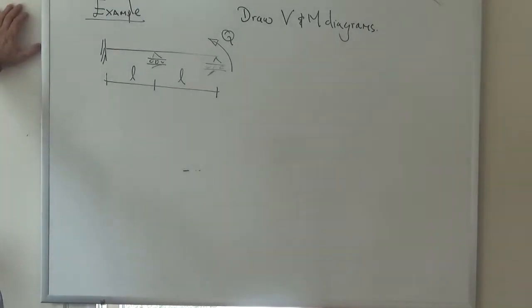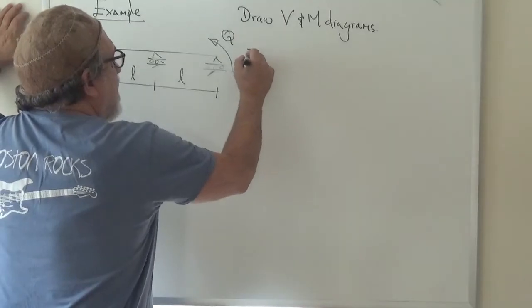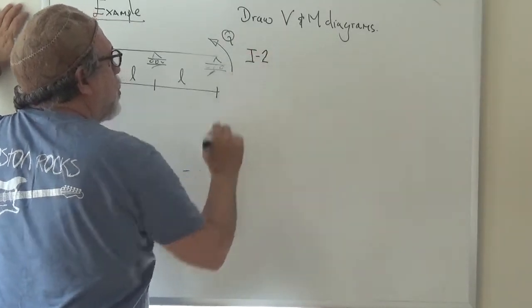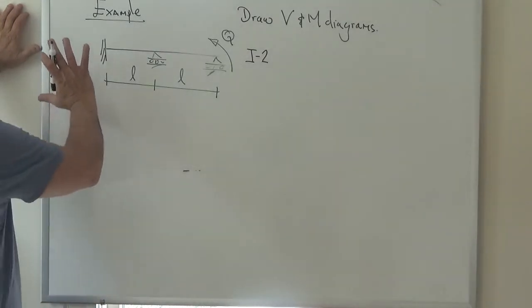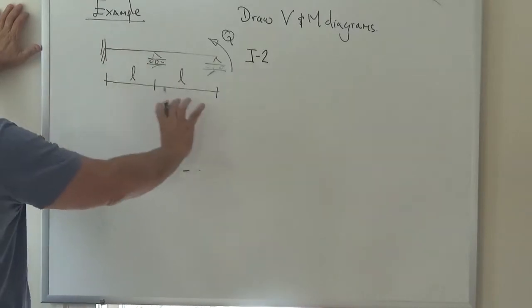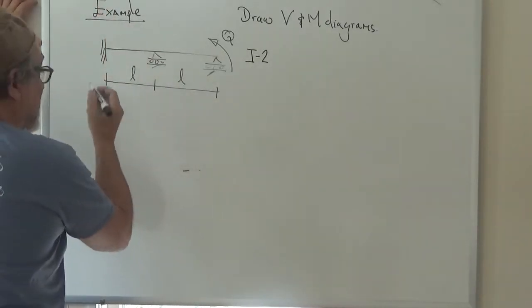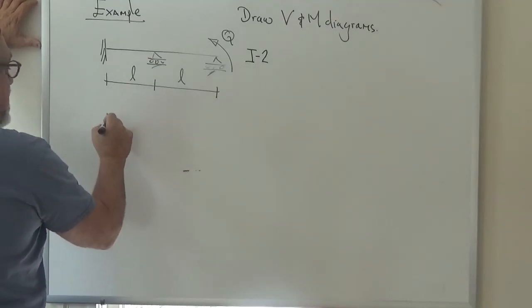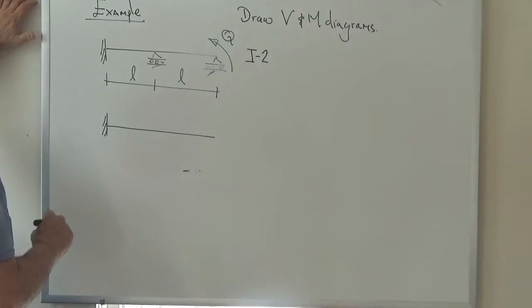Okay, so here we are. What we've already discussed, so we know that this is indeterminate to the second degree, right? I'm going to skip the first three sketches that I said. This is the structure, these are my redundants, this is my loads with redundants. Just go to the solution sketches. So we need a sketch which is the P sketch, right?